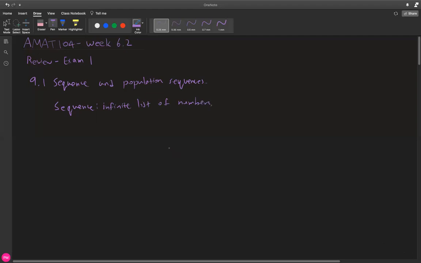In chapter 9.1, we went over different notations, where a generic notation will be a sub 1, a sub 2, a sub 3, and so on, all the way up to a sub n. Here, a sub 1 is the first term, then second term, third term, all the way up to the nth term, and it will continue on like that.